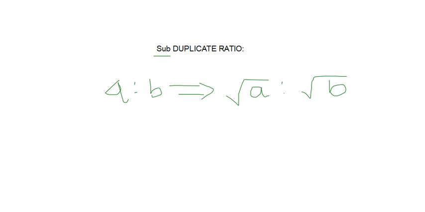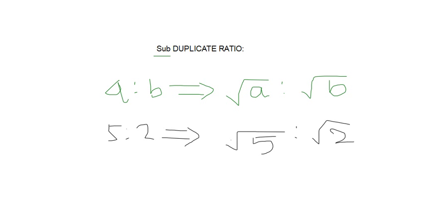That's the answer. Got it? And one more question. 7 is to 3. Then the solution of this is what? The solution is root 7 is to root 3, that is the subduplicate ratio.